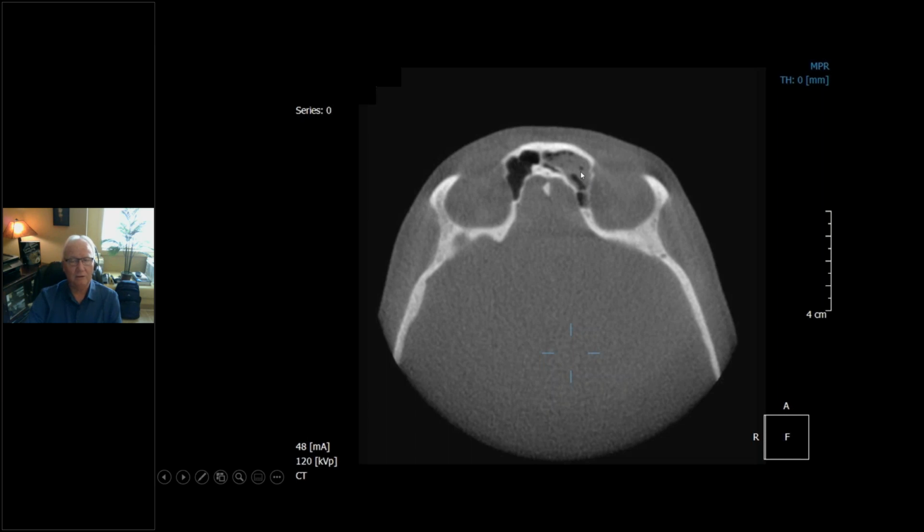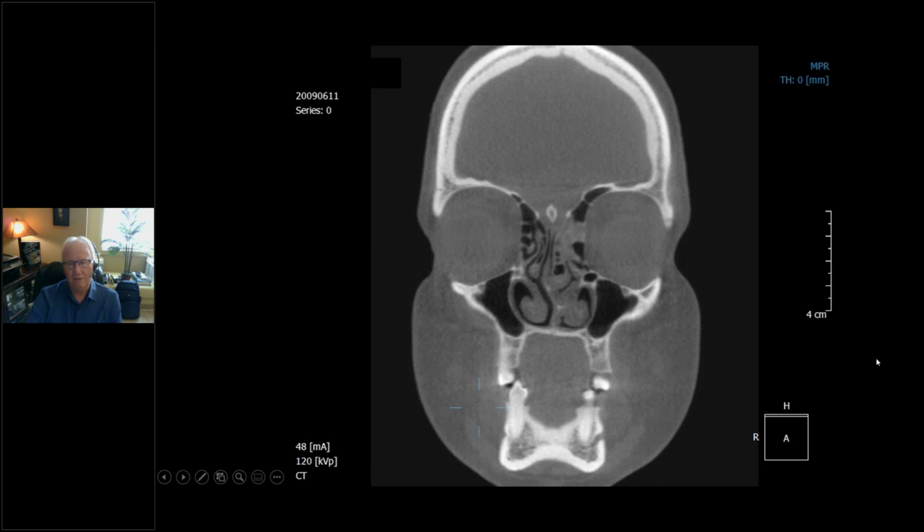And there's some schmutz, a good East Coast term for some of my friends out there, in this frontal sinus on the left. And if you have a smaller field of view machine for your endodontics and implant work, and you didn't want the responsibility of a big machine, I'll show you where the limitations are.